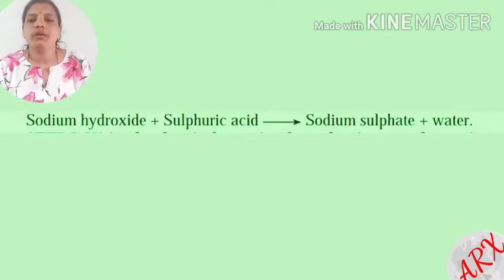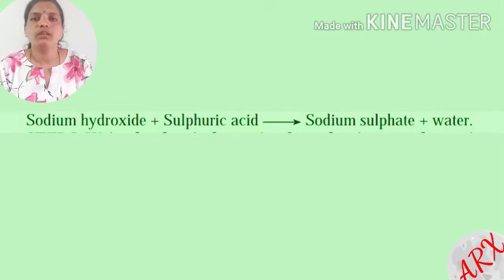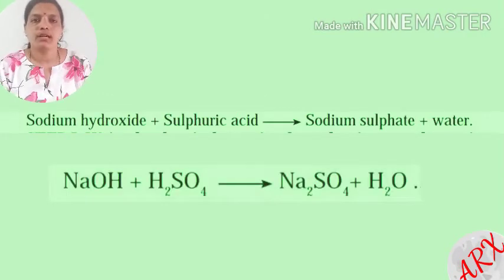Now we will take example number 1. Sodium hydroxide reacts with sulfuric acid. It gives sodium sulfate and water. So first we will write this equation with the help of chemical formulas. Sodium hydroxide, that is NaOH, sulfuric acid, that is H2SO4, sodium sulfate, that is Na2SO4, and water is H2O.